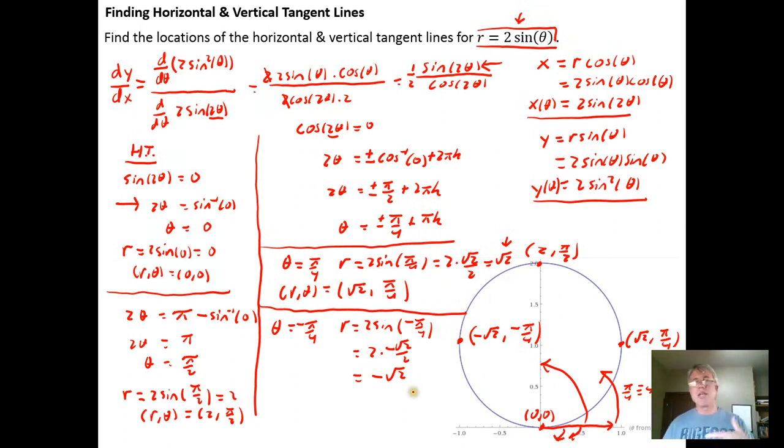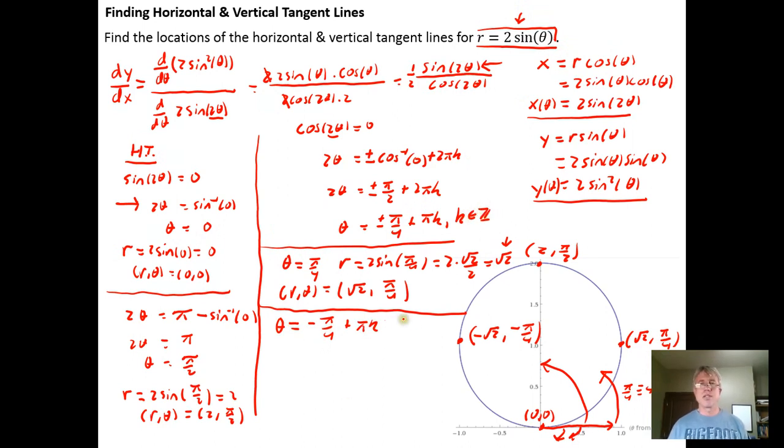The other way that we could think about this is to use the fact that we get infinitely many solutions. So if we're thinking about the minus pi over 4, we could also look at it this way. Theta equals negative pi over 4 plus pi k. And remember, k is just any integer you wish.